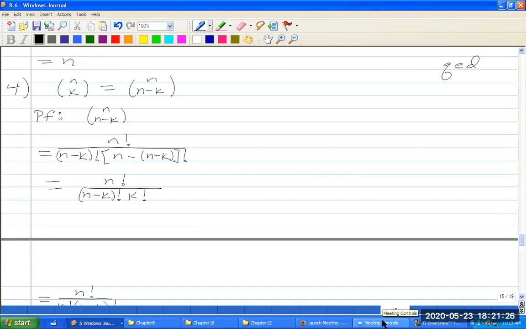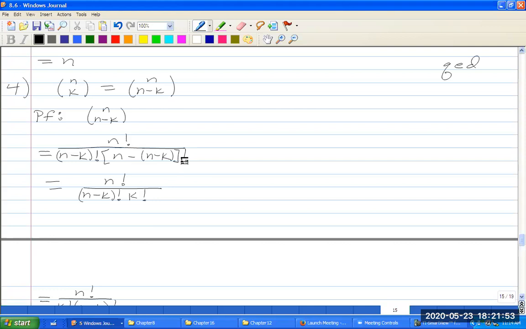So let me calculate nC(n minus k). And so by the definition of nCr, I have that it's n factorial over r factorial, which in this case is n minus k factorial, times n minus r.